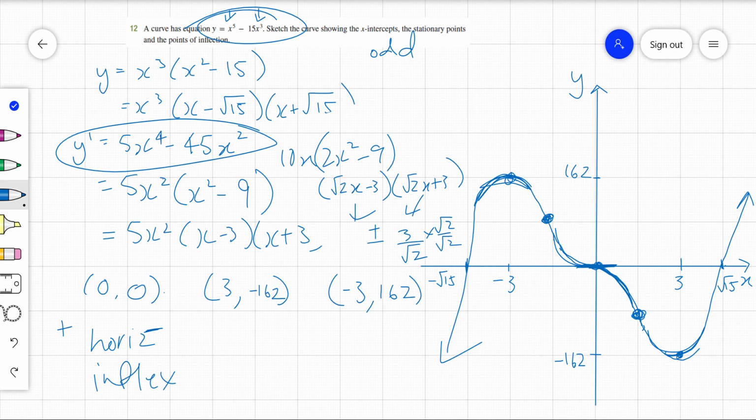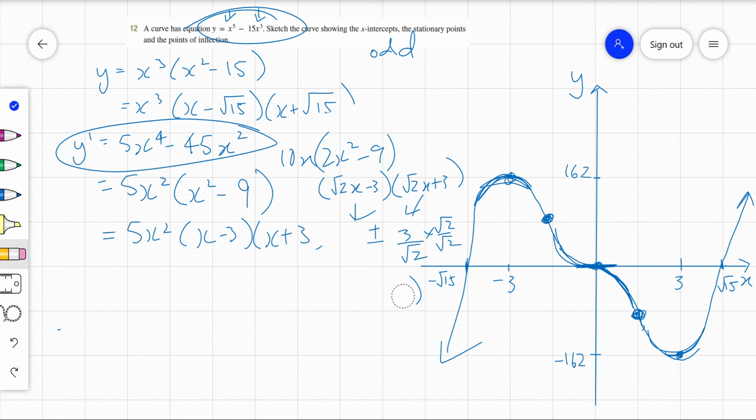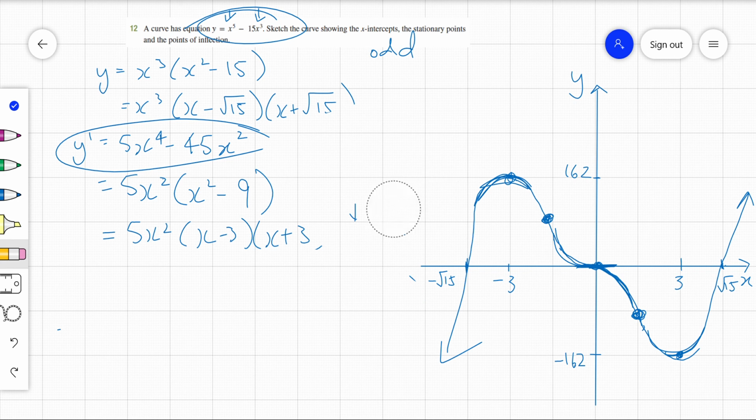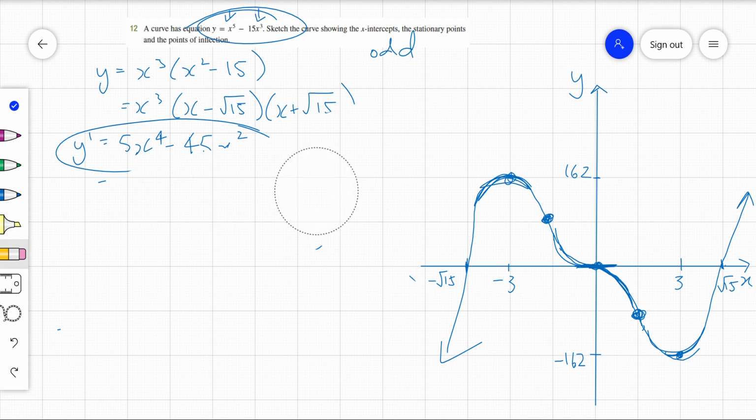Alright, I better check my y double dash for you properly. Yes, sorry about that, just because I'm not sure if my memory is correct or not. So let's go back to this. My y double dash would be 20x cubed minus 90x, if I got that right. So 5x to the 4 minus 45x squared is correct. Alright, I think I was correct.